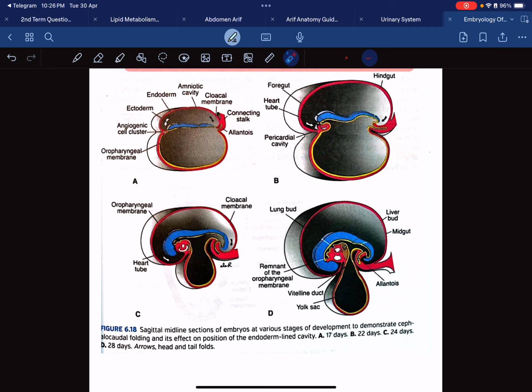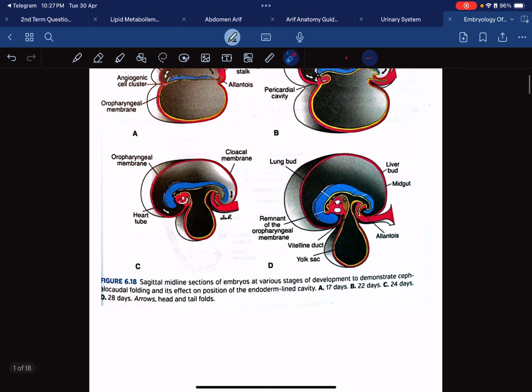The cloacal membrane, this membrane is at the junction between the endoderm and the ectoderm. We'll understand later on about that.